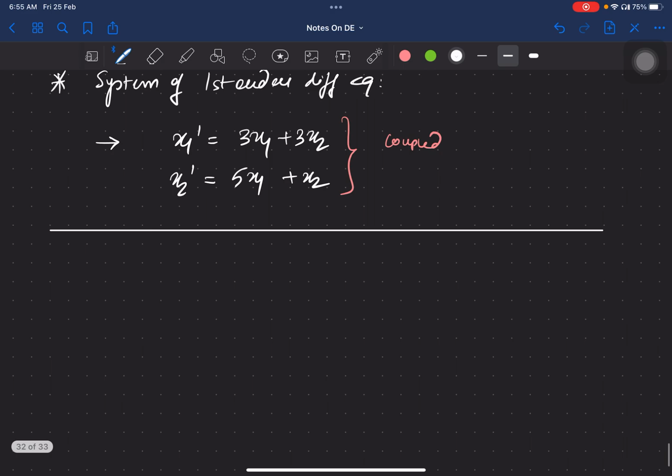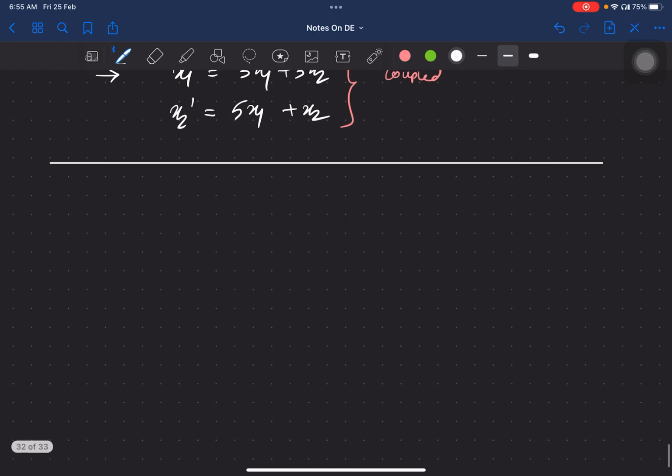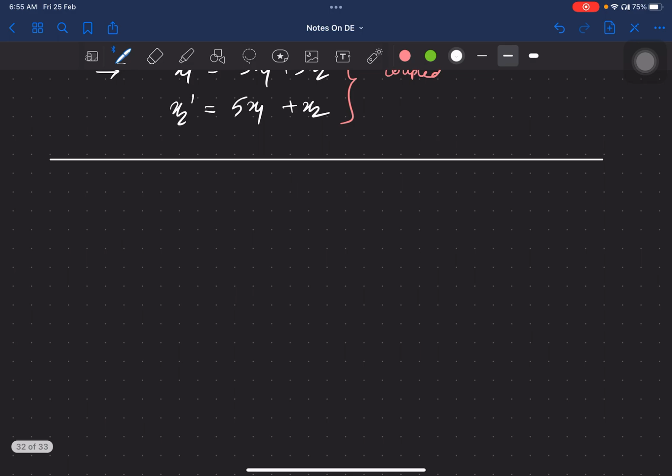A usual problem in this section on systems of differential equations is to convert an nth order differential equation into a system of first order differential equations. So suppose you have an nth order differential equation c_n y^(n), where this bracket n means n times derivative, plus c_(n-1) y^(n-1) plus ... plus c1 y plus c0 equal to 0.